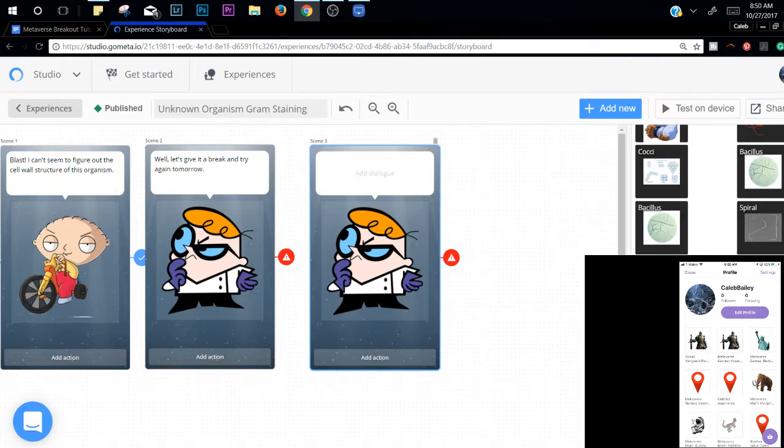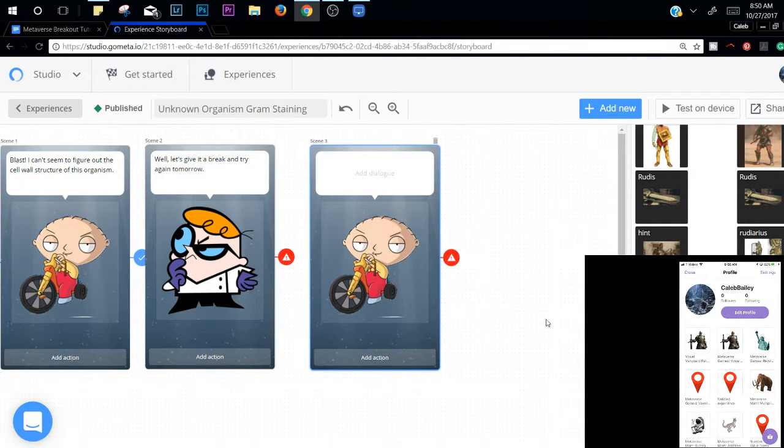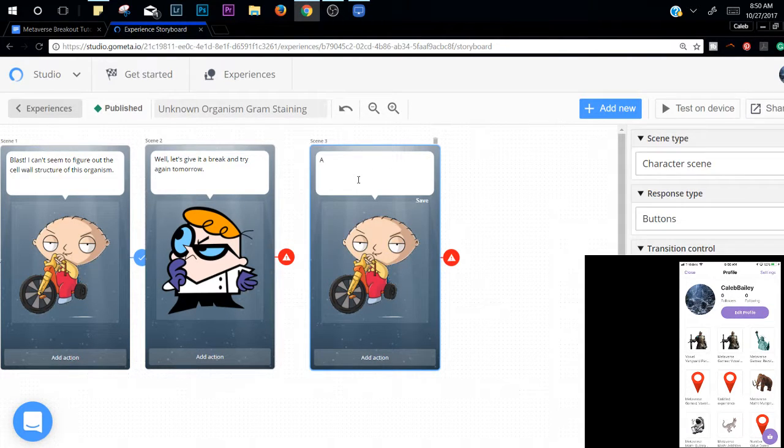And then I'll have Stewie say, actually, I've set the computer to lock us in here until we can figure out the organism.